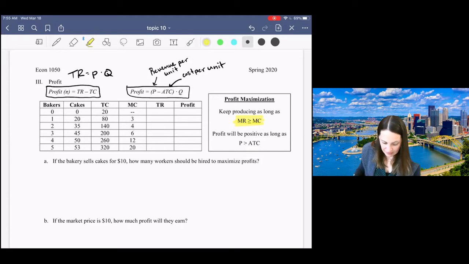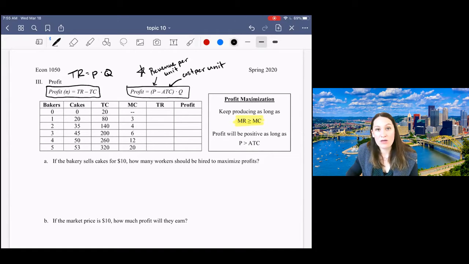Now, in competition, which we have not defined very carefully yet, but that's what we'll be working with here, what we're assuming is that revenue per unit is just equal to the market price, right?